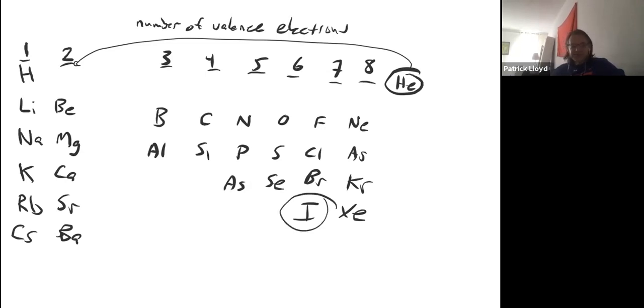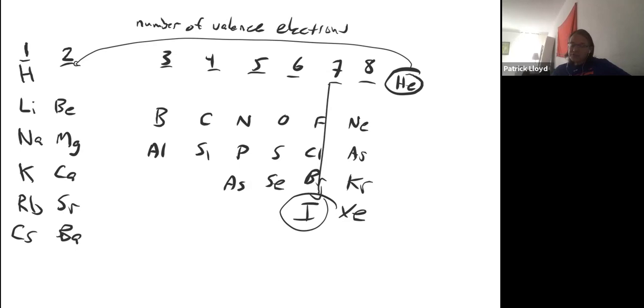Iodine's element number 53. 1s2, 2s2, 2p6. Okay, finally you get out there and it's like 5s2, 5p5, which is 7 electrons, and now you have 7. It's just easier to look at this column. That's 7, right? Okay, so there's our valence electrons.